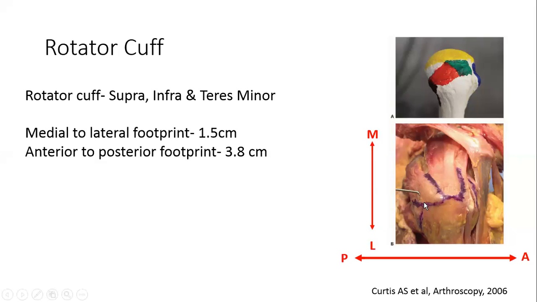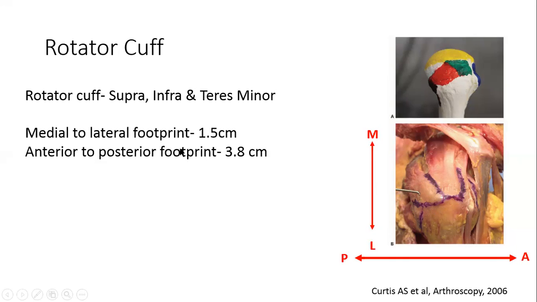And medial to lateral, the footprint is 1.5 centimeter. So it's quite a bit, enough area for you to examine from the anterior aspect of supraspinatus all the way posteriorly over the teres minor distal end.